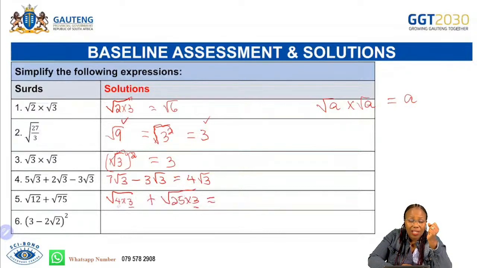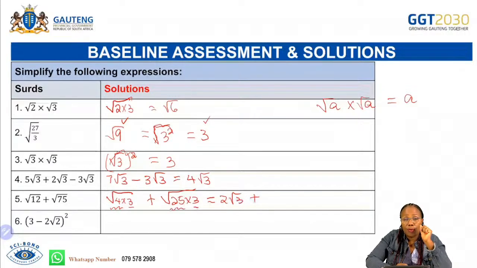And then now we can take out from this one the square root of 4, because we know square root of 4 is 2. So it will be 2 square root 3. Plus for 25, we know square root of 25 is 5. Then it will be 5 square root of 3. Then we can bring in the addition now. 2 square root of 3 plus 5 square root of 3. So we are adding 2 square root 3 plus 5 square root 3. That will be 7 square root 3s.